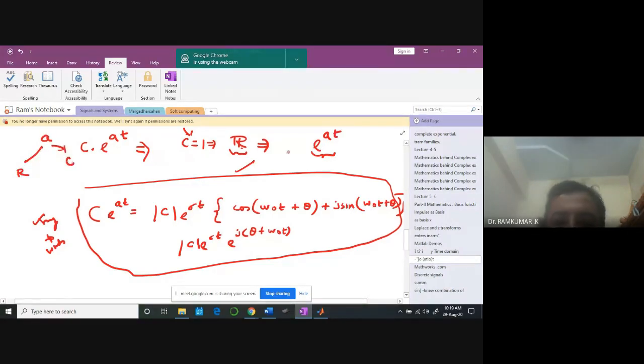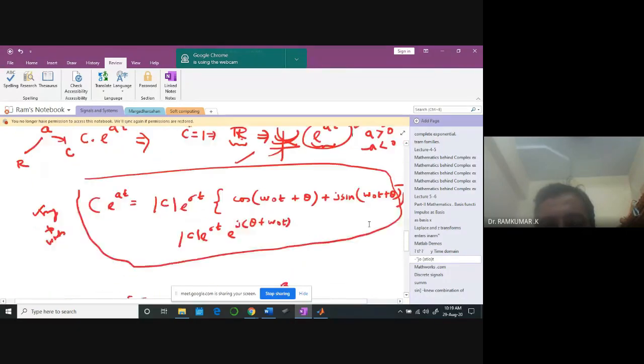If it is real, the solutions are very clear. a can be greater than 0 or less than 0. If a is greater than 0, you are going to get an exponentially increasing signal. If it is less than 0, you get an exponentially decreasing signal. Up to this point, is it clear? Everybody with me?